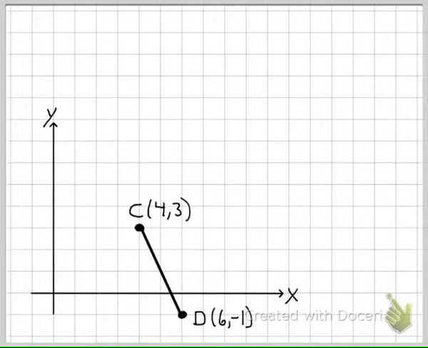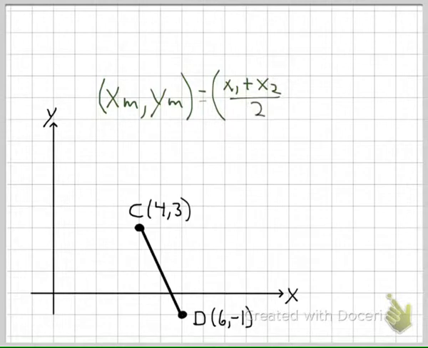Now we have points C and D. Again, we're going to use our midpoint formula, which gives us the coordinates for the midpoint are equal to x1 plus x2 over 2, y1 plus y2 over 2.